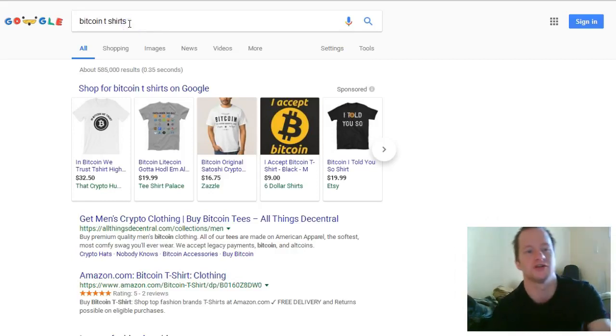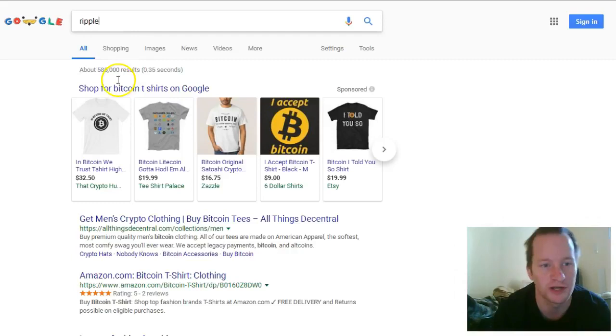Let's see what the search engine brings back for Ripple. Okay, so Ripple brings back 65 million results.